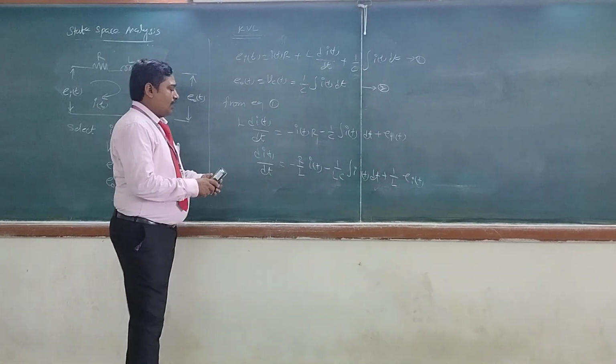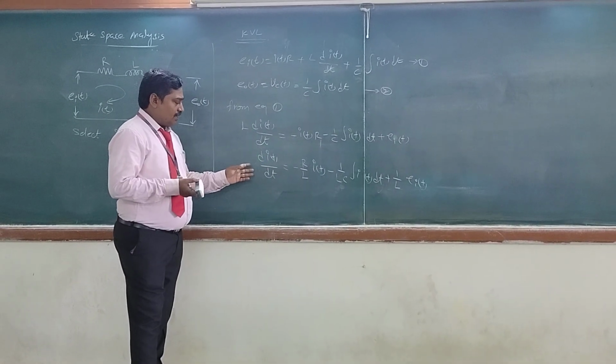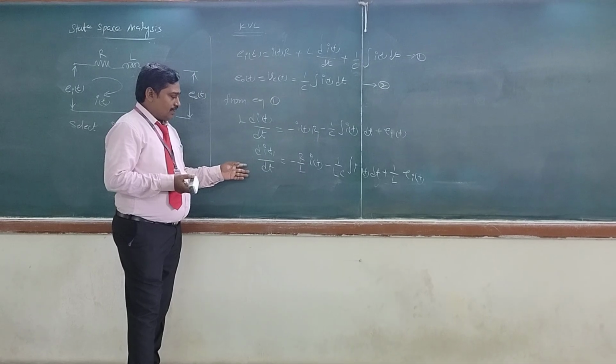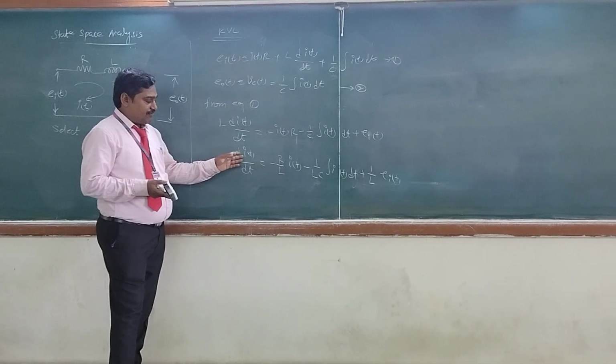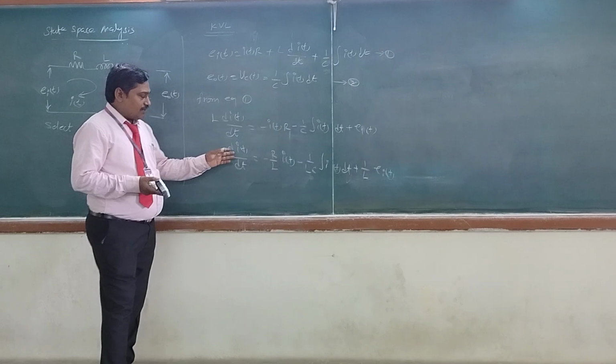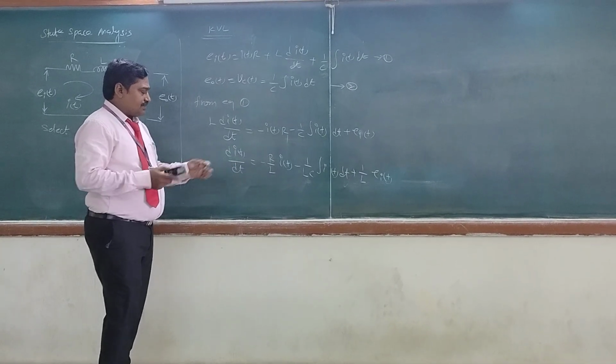Now replace the physical variables by state variables. We have taken the current through the inductor as one state variable, so i of t is equal to x1. Now replace.